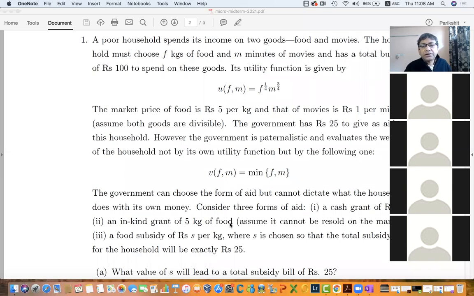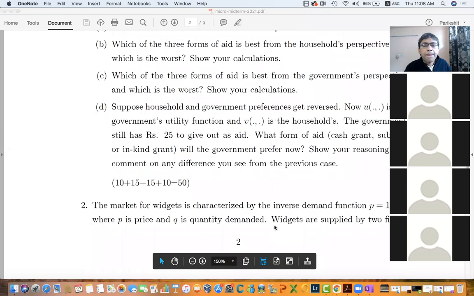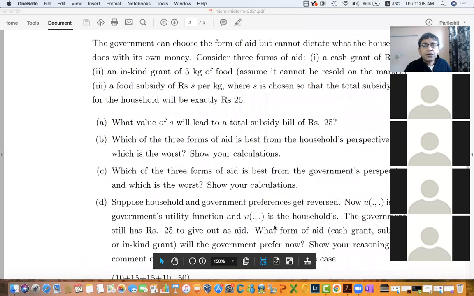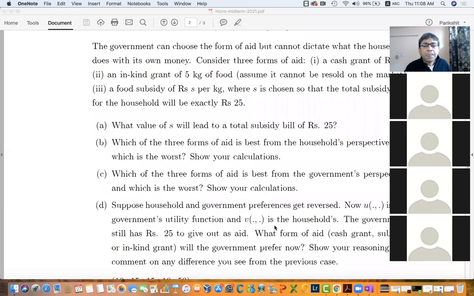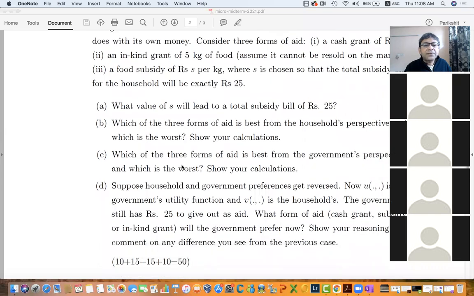Okay, so for the cash grant, what is the food consumption? Yes, so the 5 kg grant, if you calculate it, it will turn out to be inframarginal.